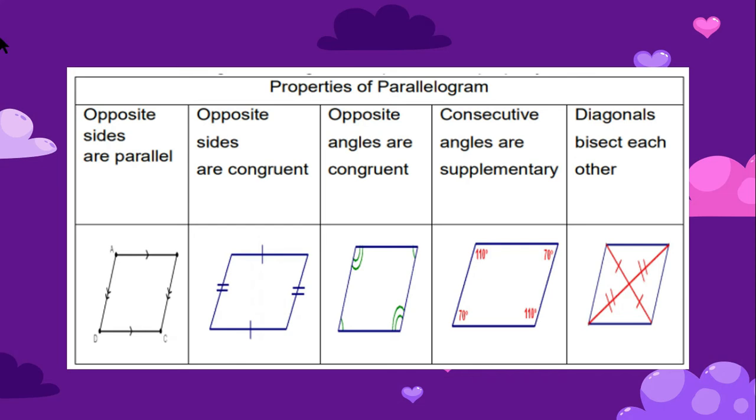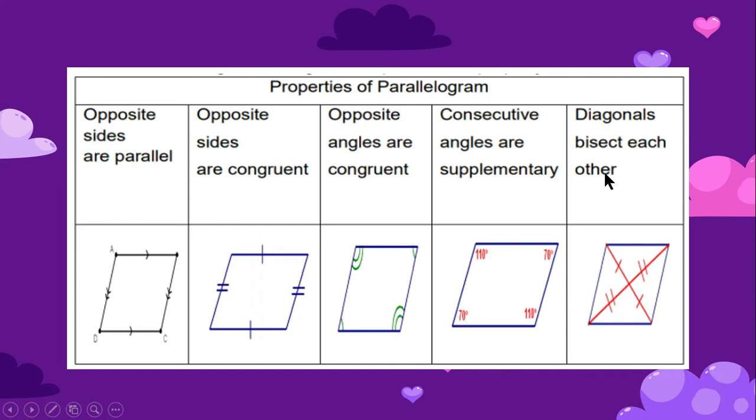But in our property, consecutive angles means two consecutive angles, which are also called adjacent because they are beside each other. In the first example, 110 degrees, and its consecutive angle is either here or here. So 110 plus 70 should be 180. Is it 180? Yes. So therefore it is supplementary, and they are a parallelogram.